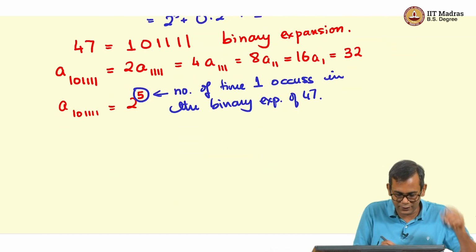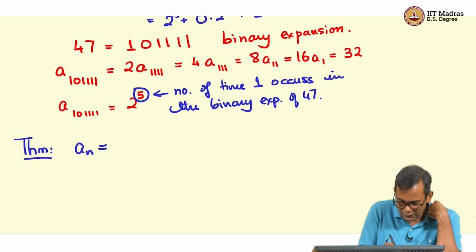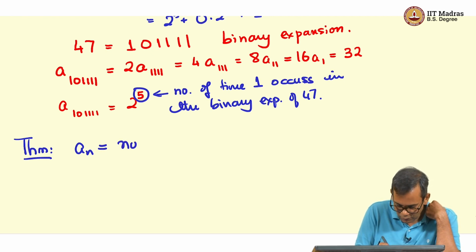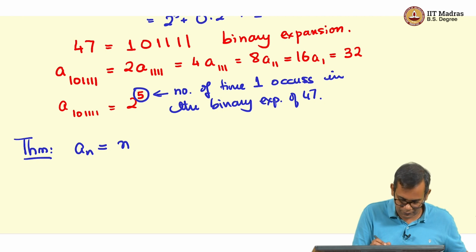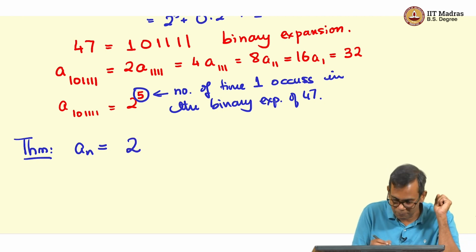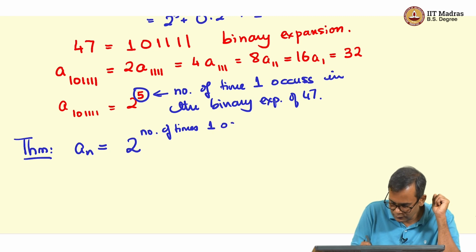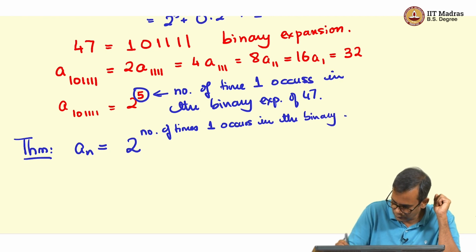So, in general, I will write it down as a theorem: A n is equal to 2 to the power number of times 1 occurs in the binary expansion of n.